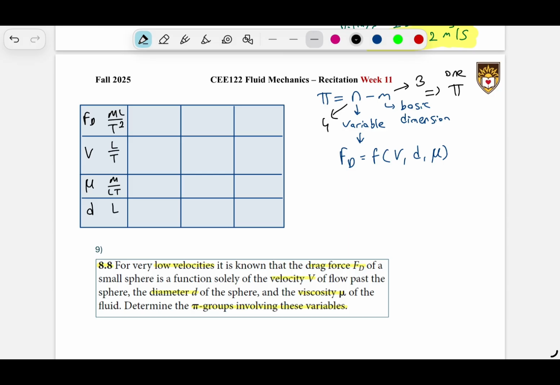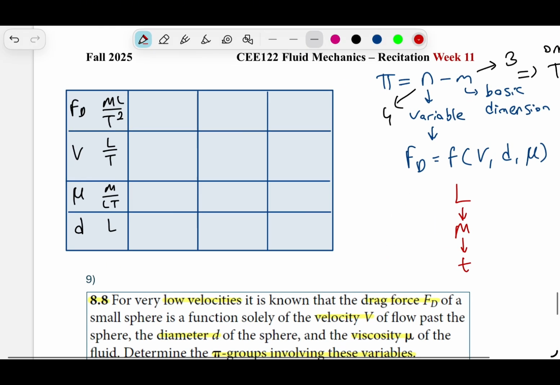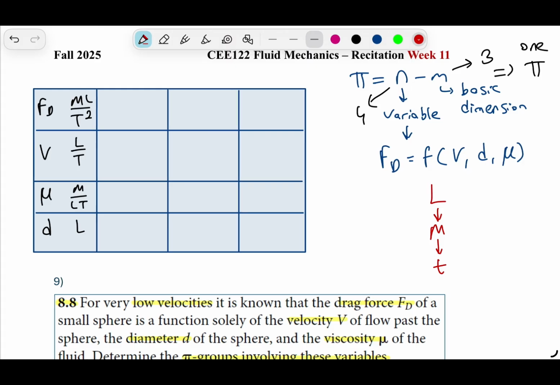So let me write this. Our first aim is eliminating length, then mass and time. So we can focus here.